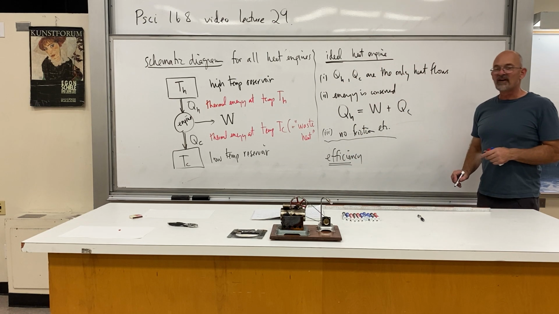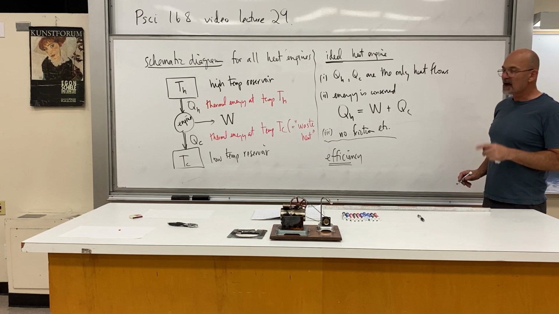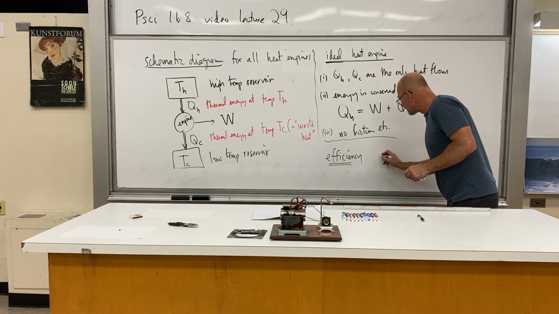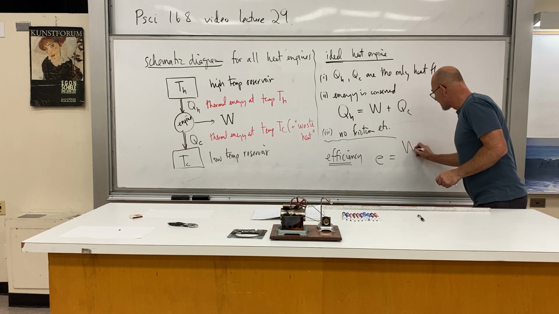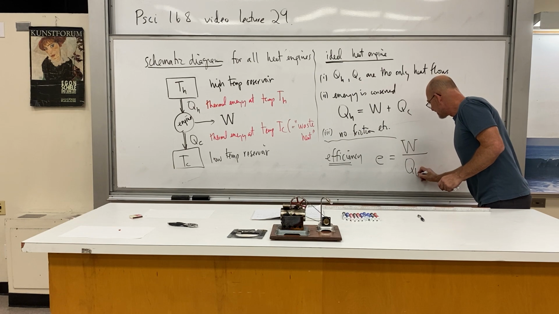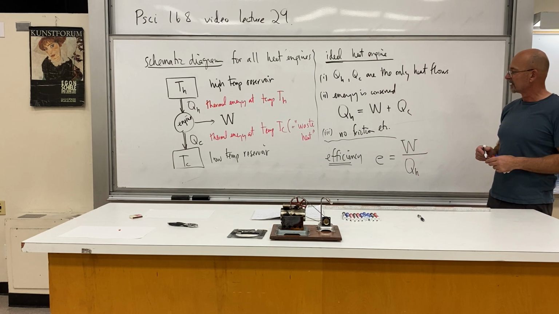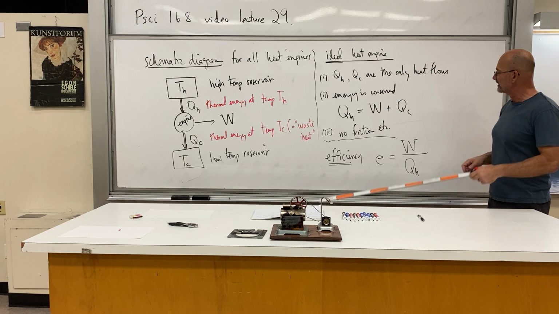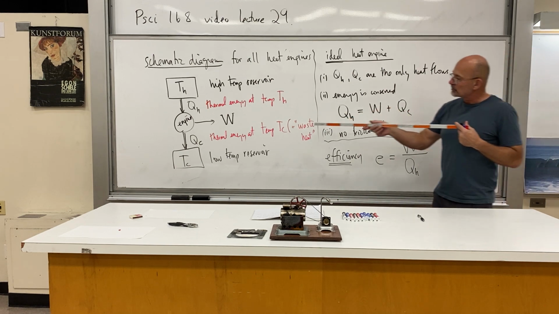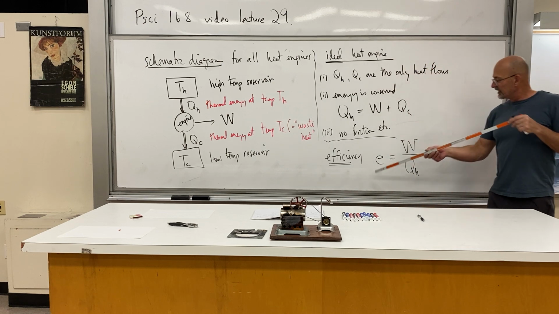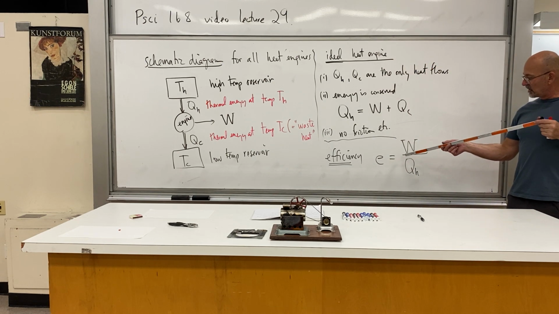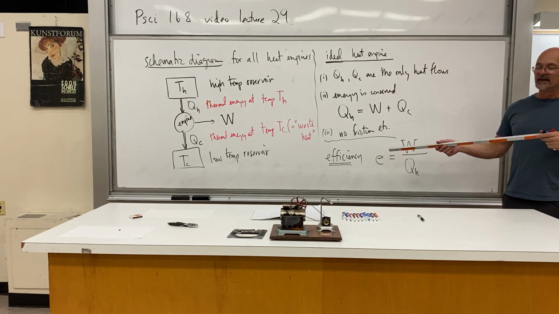So we're going to define the efficiency in a couple of ways. First of all, the basic definition, it's the work that you got out divided by the heat that you put in. Okay. Even from this equation here and the fact we know there has to be some QC, this number can only be less than or equal to 1.